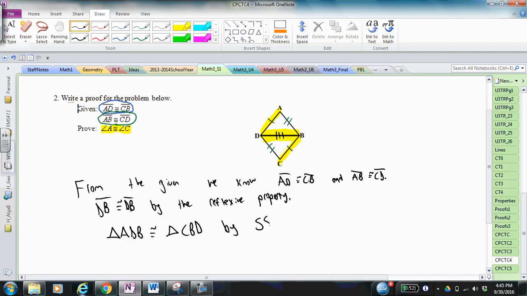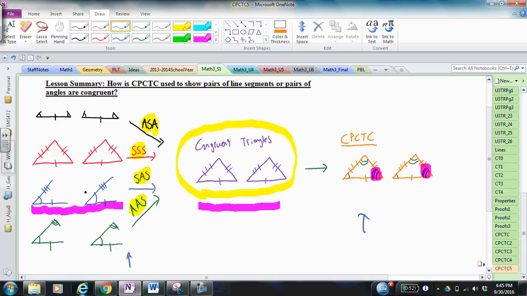Yep, that's side, side, side. Now, here's where the new stuff comes in. Therefore, angle A must be congruent to angle C by what justification can we provide for that everyone's going to understand in common terms what we're talking about? That's right, CPCTC. So hopefully that helps give you a good understanding of what CPCTC is.